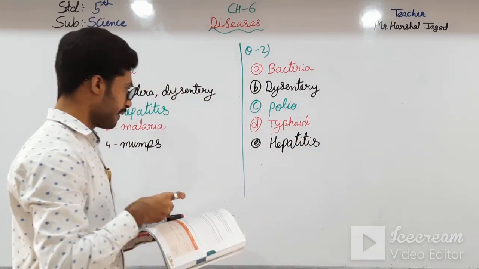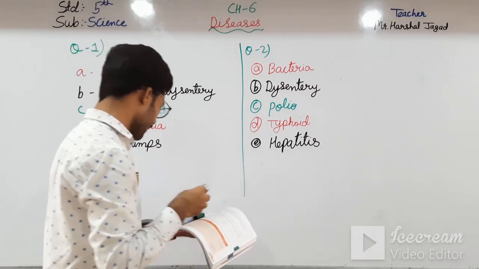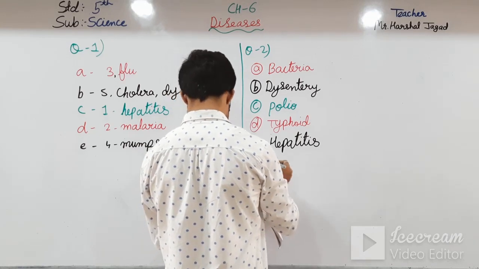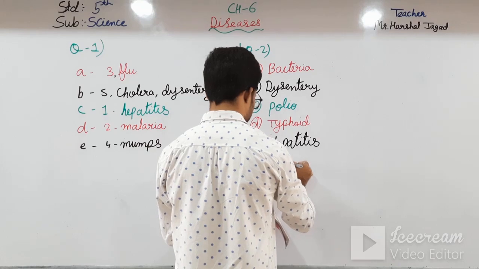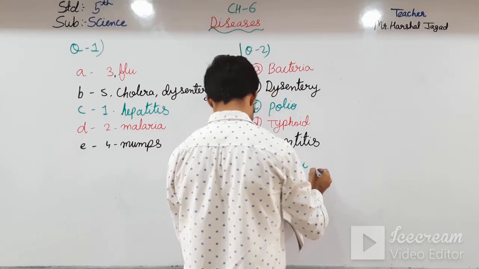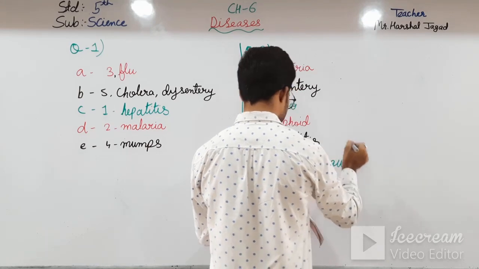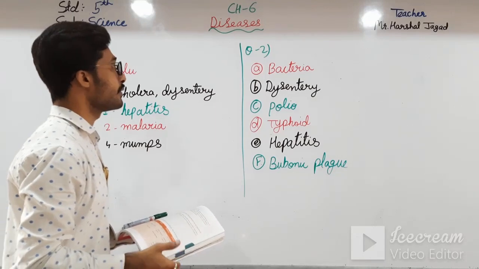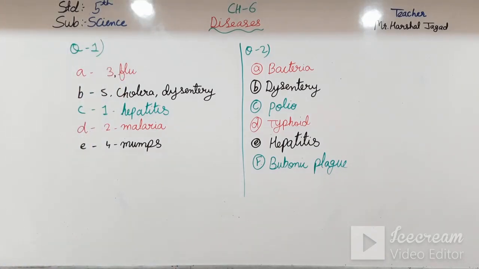Okay, and F, dash is spread by rats. Bubonic plague. Okay students, so these are the answers of choose the correct answer, and now we will move further to question number 3.